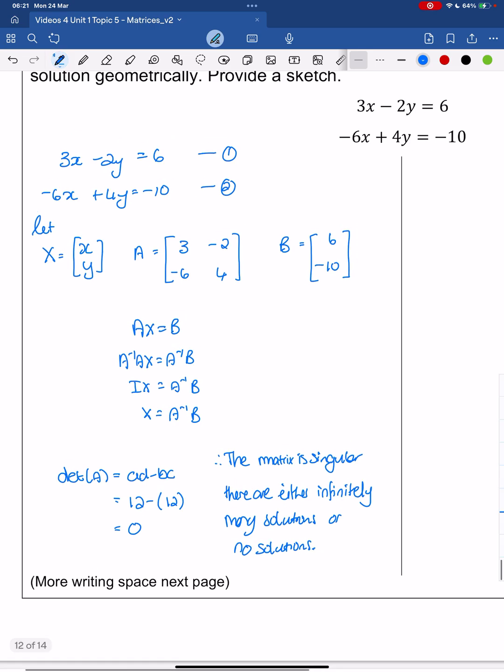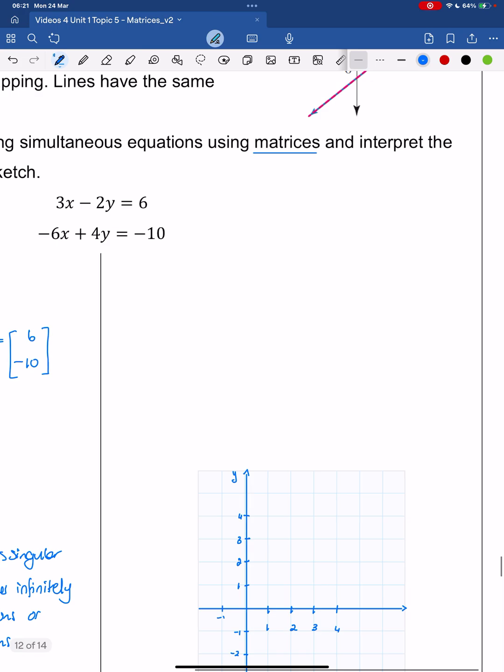All right, so let's have a look at what's going to happen here. We've got 3x minus 2y equals 6, and we've got negative 6x plus 4y equals negative 10. Let's rearrange this into the gradient intercept form of a straight line. So if we have 3x minus 2y equals 6, I have negative 2y is negative 3x plus 6, and y will be 3 over 2x minus 3.